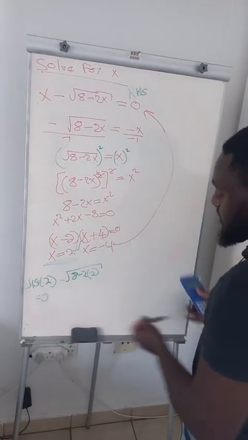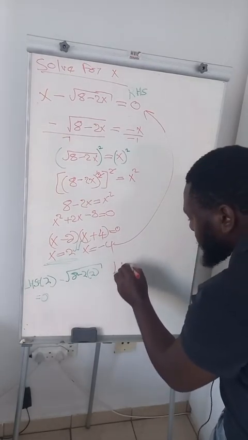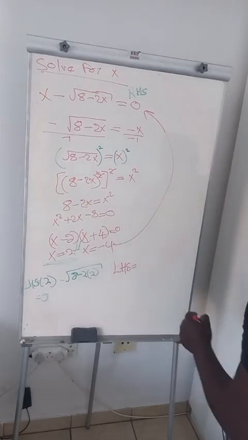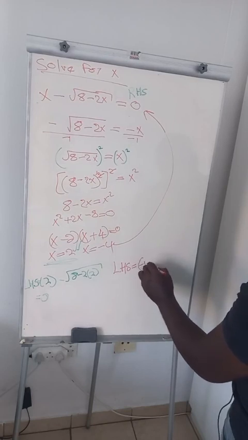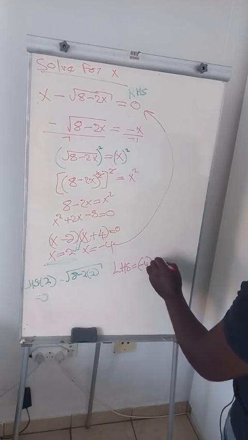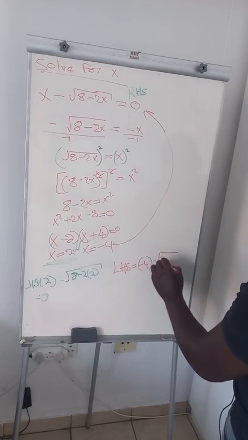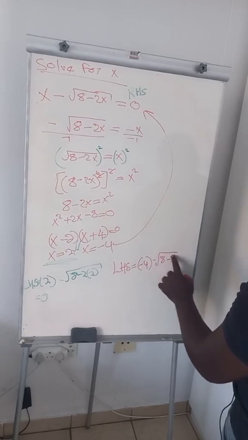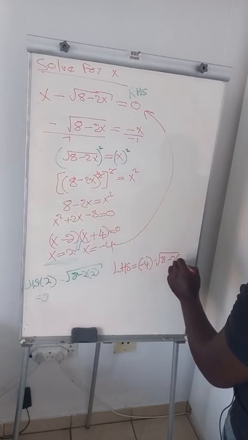So let's do the same thing here. On the left hand side, let's replace now. Where there is an x, we are replacing with a negative 4. It means negative 4 here minus the square root of 8 minus 2 into negative 4.